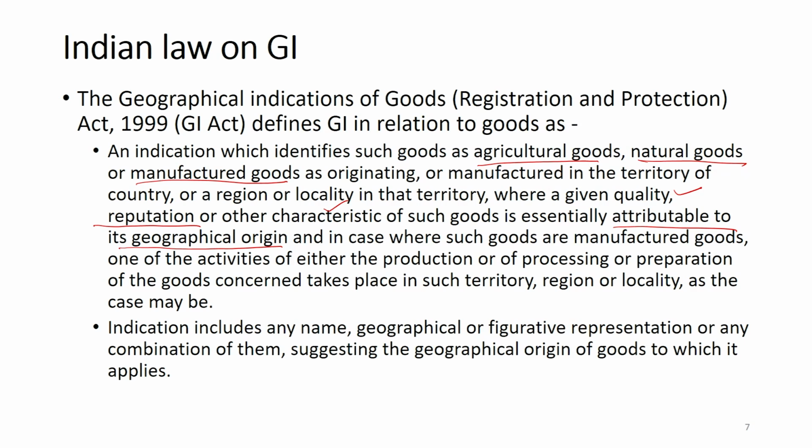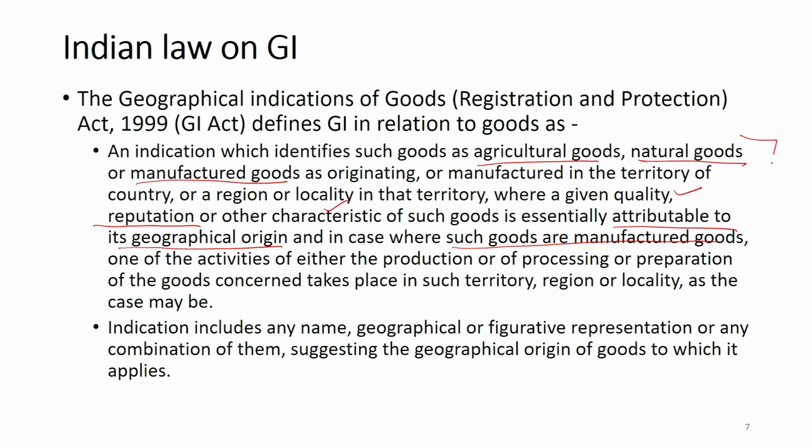And in case these are manufactured goods, one of the activities of either the production or of processing or preparation of goods concerned takes place in such territory, region or locality as the case may be.